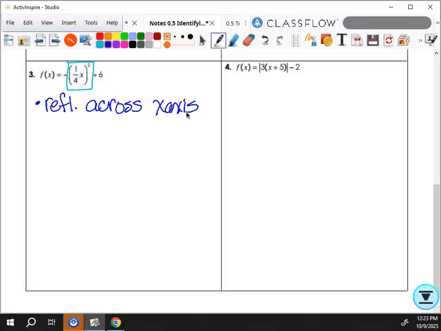Then I move on to the 1/4. That's inside the box, so it affects x. It's being multiplied, so it is a dilation, right? It's inside, so it's horizontal. Would this be a stretch or compression? Stretch, because x is a liar. So it's a horizontal stretch by 4. Very good.